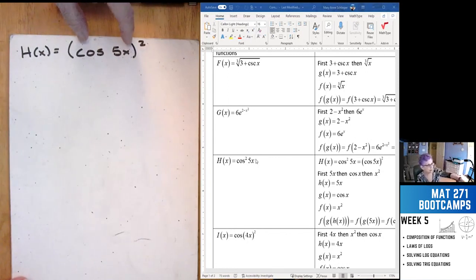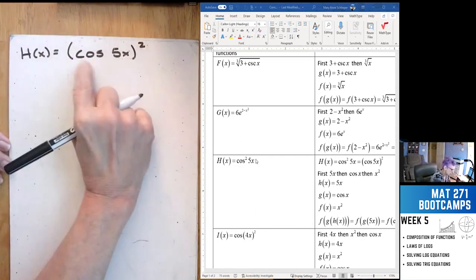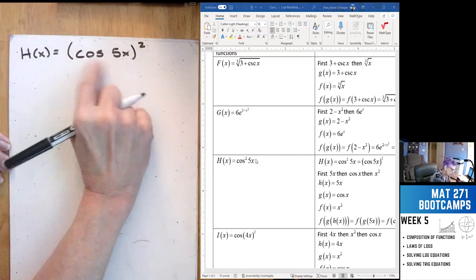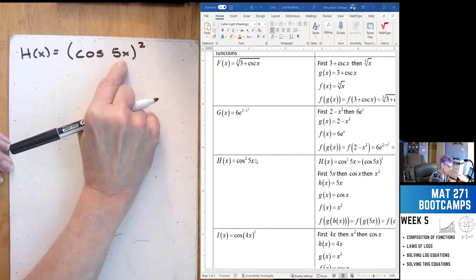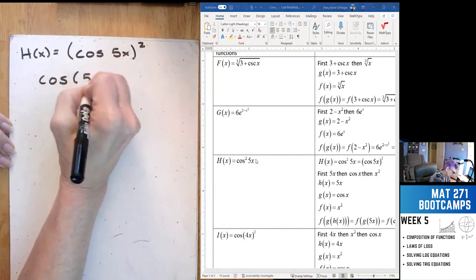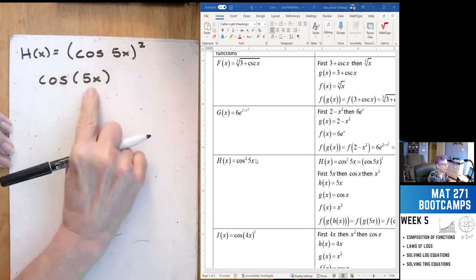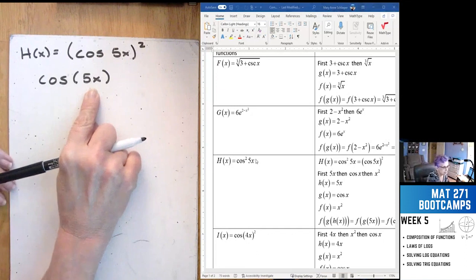Well, now cosine of 5x does live inside that set of parentheses. So your first thought is, could I let cosine of 5x be my inside function? But it has an inside function, because 5x is living inside of that set of parentheses.